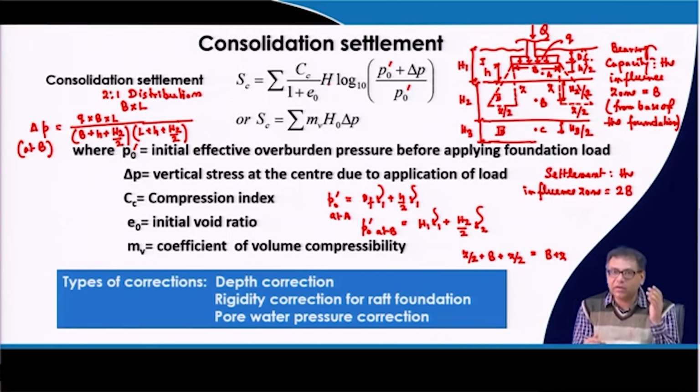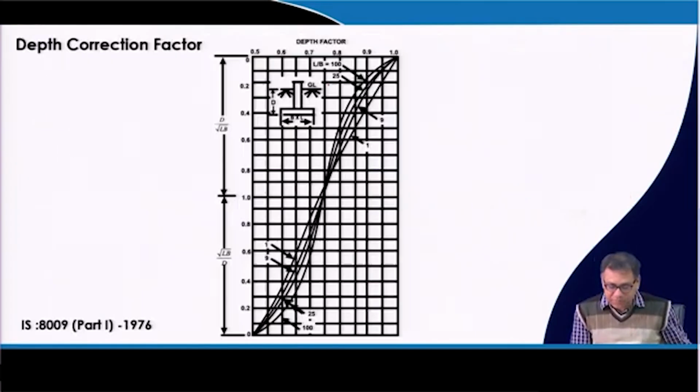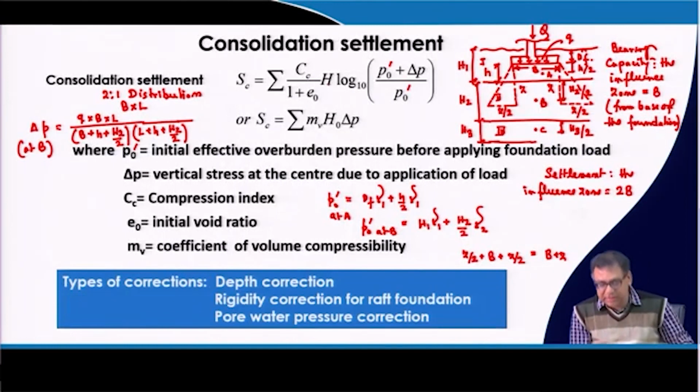So, again here also we have to apply 3 corrections. One is the depth correction, as I mentioned, these are all valid for the surface footing. So, if we have depth of foundation, you have to apply the corrections, and in the same way we can calculate the depth factor by using Fox's depth factor correction chart. That I have discussed, and then we have to go for the rigidity correction also. These equations are valid for the flexible type of foundation.